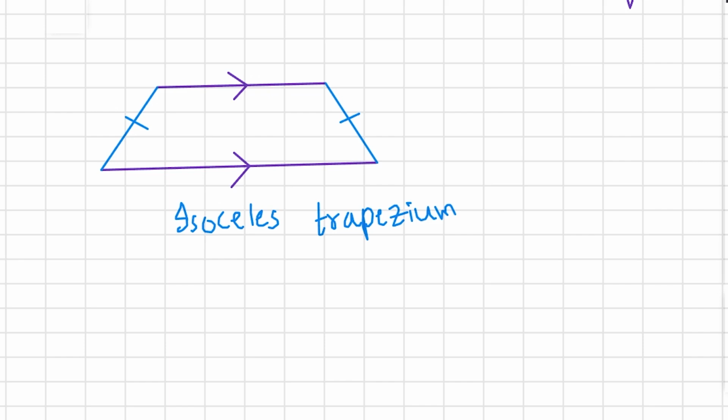If the diagonals of a quadrilateral bisect each other, it's a parallelogram. So basically, if the diagonals bisect each other, it's a parallelogram. And the next point.